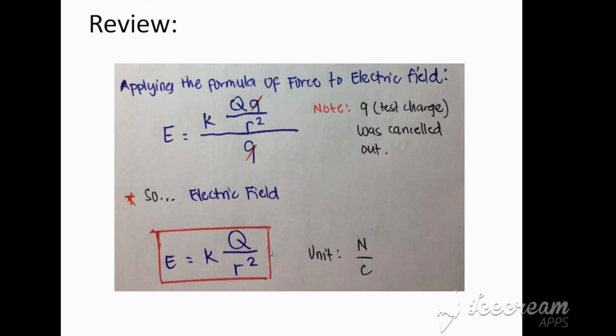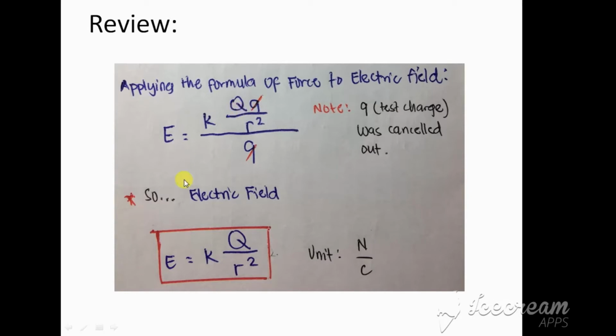Applying the formula of force to electric field, electric field is equal to force over charge, the q. Now the force could be replaced using the Coulomb's law's electrostatic force formula. So as you can see, we applied the formula for force and the q, or the test charge, was cancelled out, leaving only the bigger Q, which is the point charge.